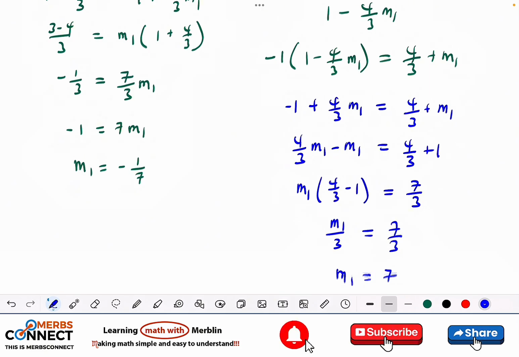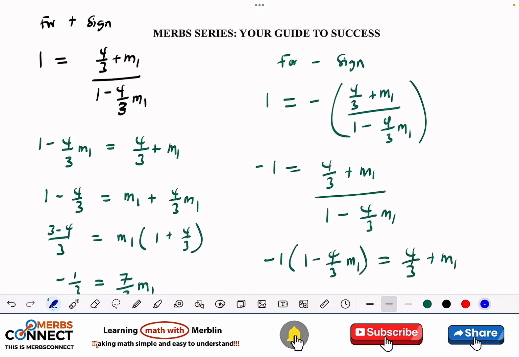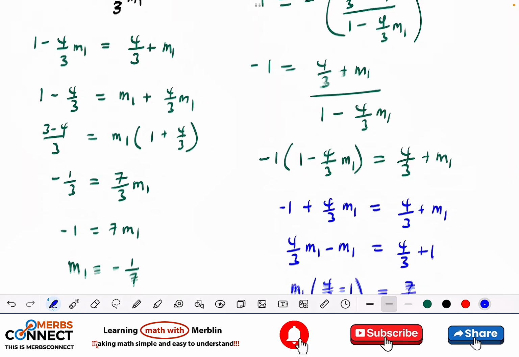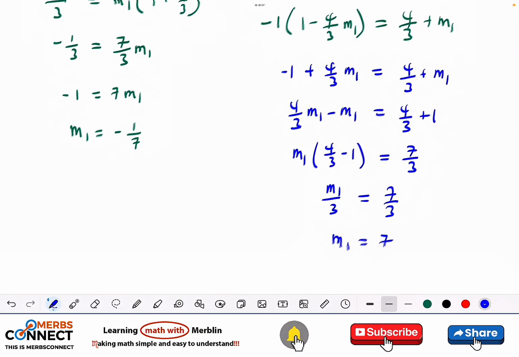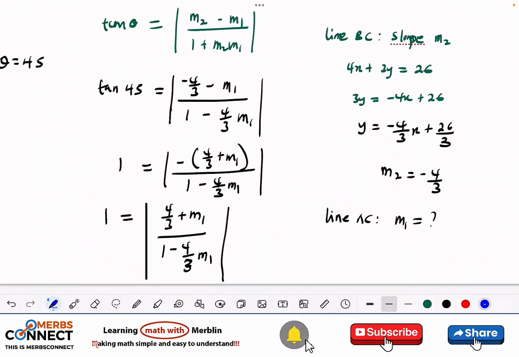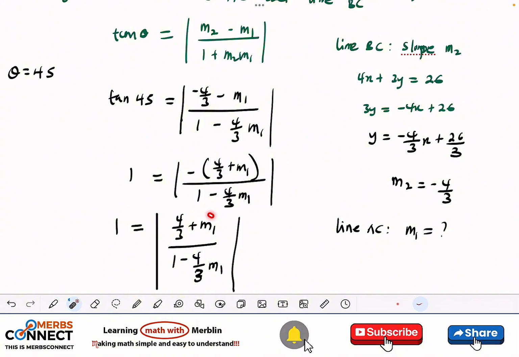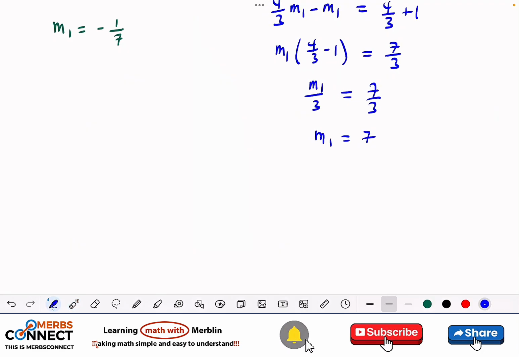So what we can do is, now we have a choice. Let's try and pick one of the slopes, and then we just go by that. But for us to pick one of the slopes, the idea is that we need to pick a slope in such a way that when we put them in here and multiply, we are going to get the 45. So here, let's pick the positive one, right?